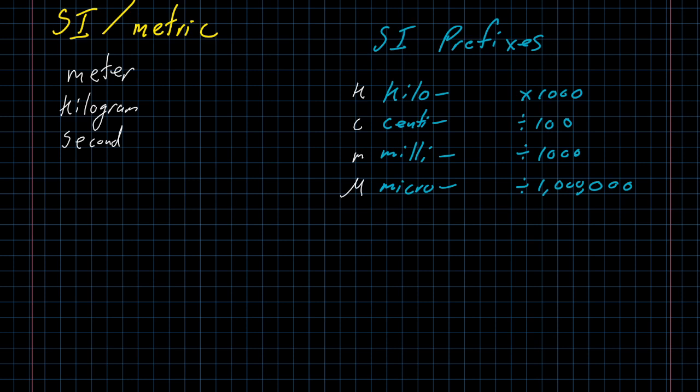And so the symbol for micro is the Greek letter mu, which I always thought looked like a U until somebody recently showed me that it's actually supposed to be a script letter M. But when I write it, it tends to look more like a U, so I don't know.